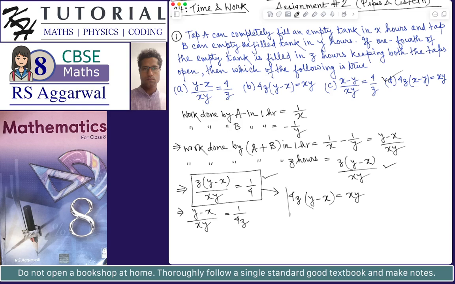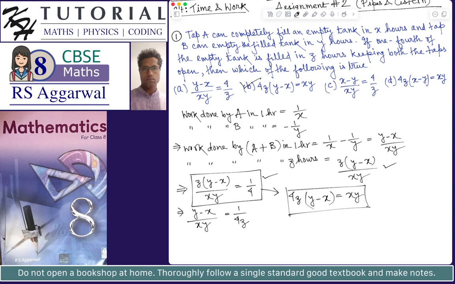So definitely choice B is correct. D is not correct, because in choice D it is x minus y, but the actual relation we get is 4z multiplied by (y minus x) is equal to xy. So the correct choice is B.